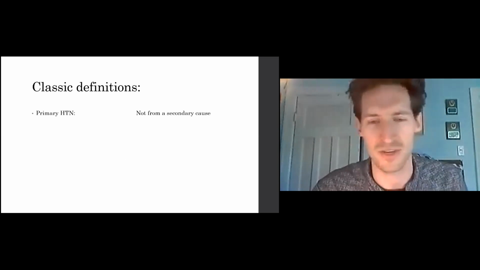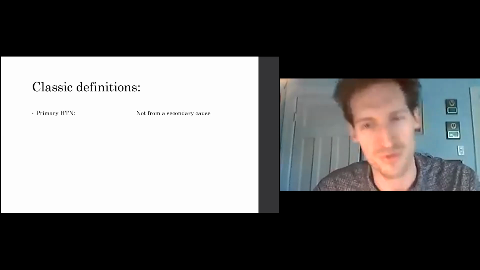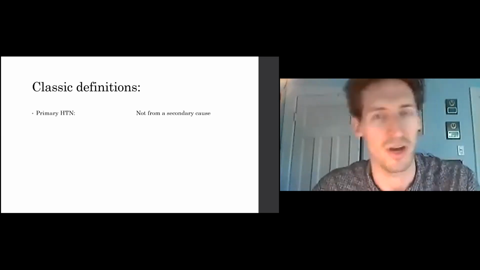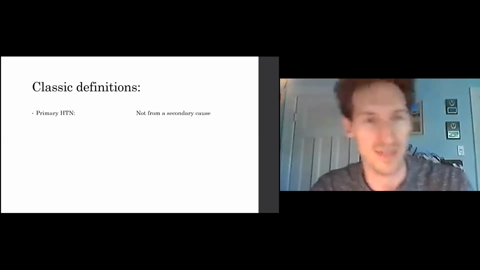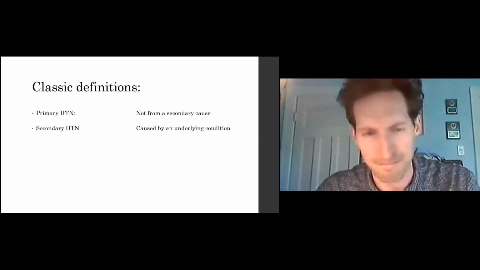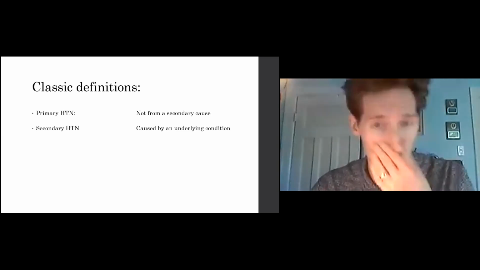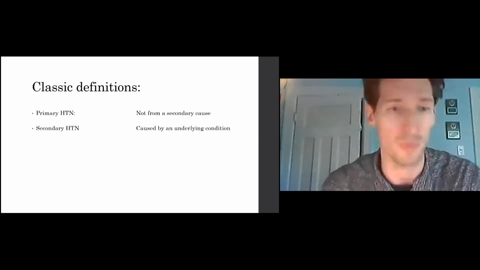When I see a patient in front of me that has organ injuries associated with hypertension, I honestly don't necessarily care that much if he falls into the primary hypertension or the secondary hypertension category. So I just want to know, do I have to do something about it, or is this something that could be dealt with on an outpatient basis?